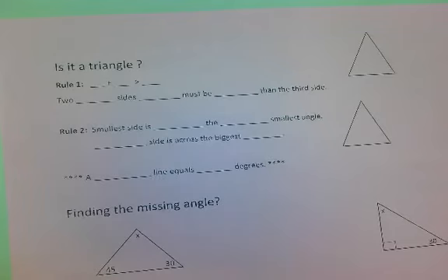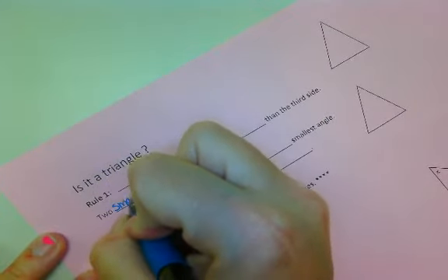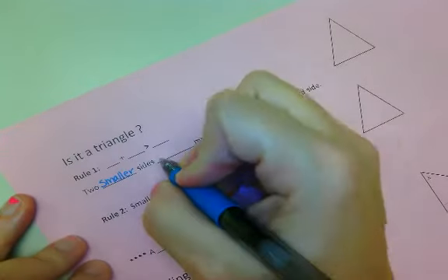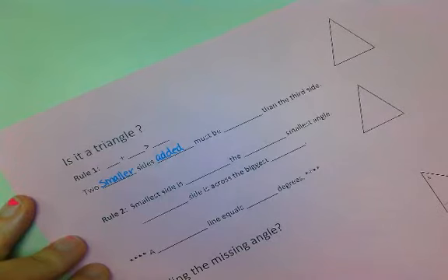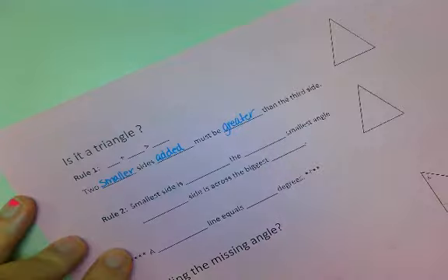And the main rule for is it a triangle, just so you know, is taking two of the sides, okay? So if two of the sides are the two smaller sides, that's very important, the two smaller sides added together, must be greater than the third, okay?